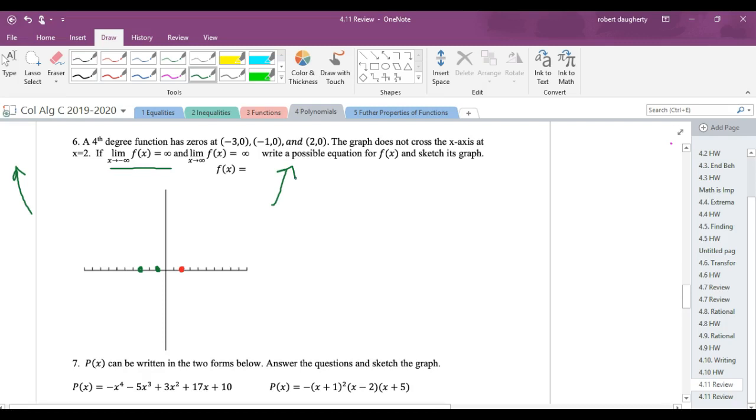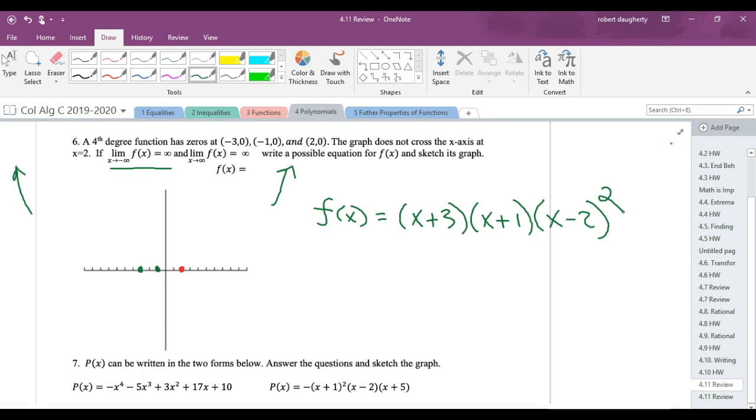Okay, so f of x is going to equal, it looks like I'm going to have x plus 3, x plus 1, and if I do not cross the axis at x minus 2, that has to be multiplicity of 2. And that should be everything that I need. I could ask you for the y-intercept.